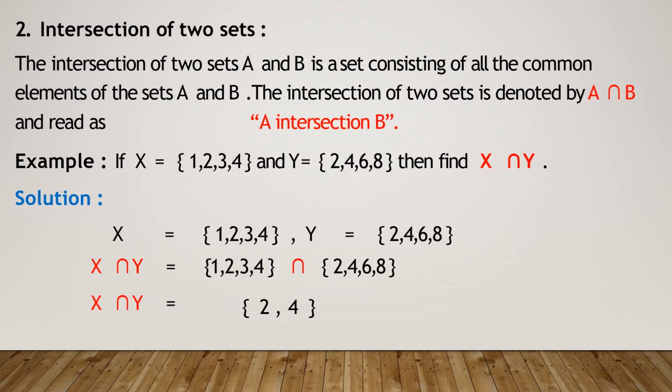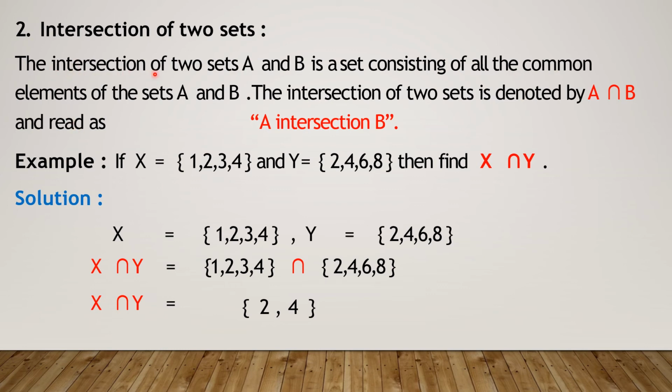Now students, see the next operation of sets, that is intersection. Intersection of two sets. Now what is the intersection? The intersection of two sets A and B is a set consisting of all the common elements.